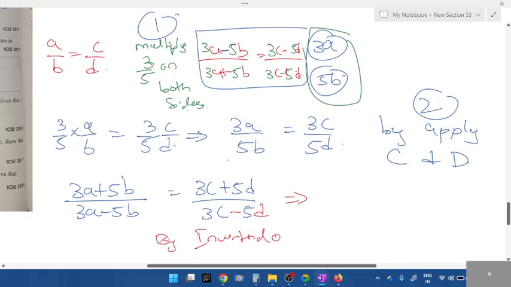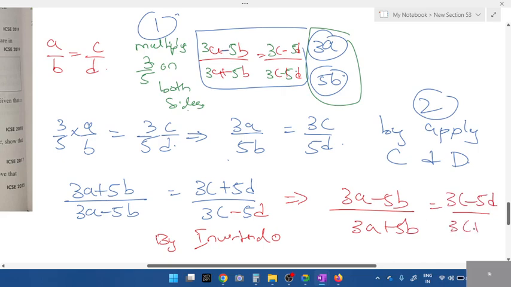By invertendo, just reciprocate the value, students. 3A minus 5B goes to the numerator, 3A plus 5B to the denominator, is equal to 3C minus 5D over 3C plus 5D. Just apply the rules, you're getting the answer. Now is left hand side equal to right hand side? Both are equal.